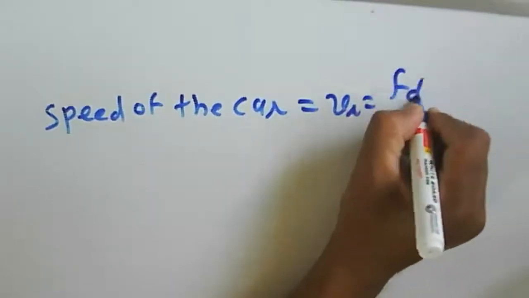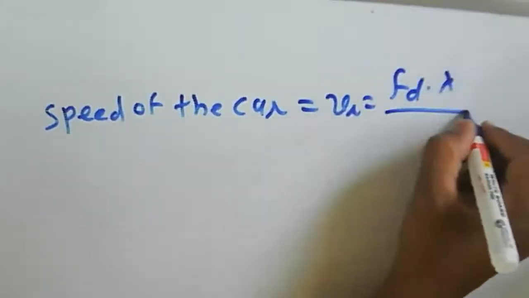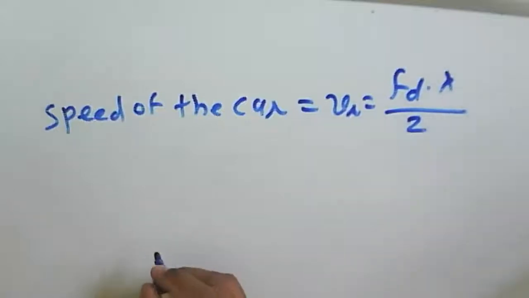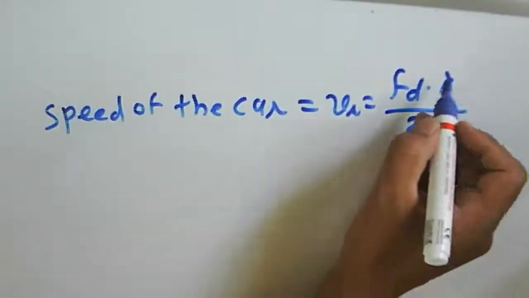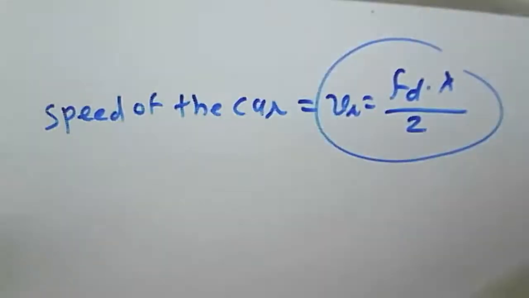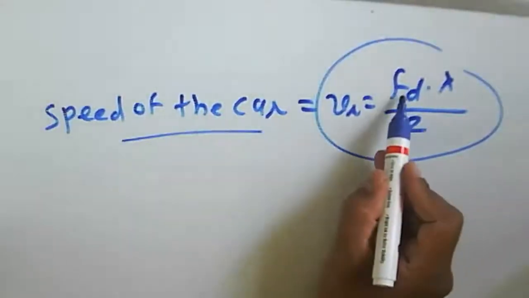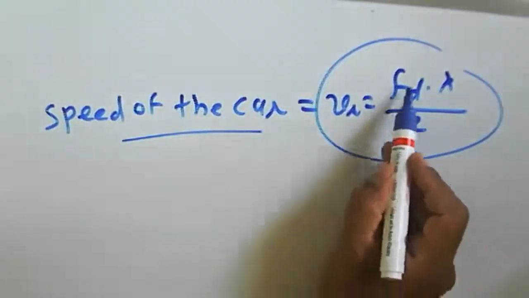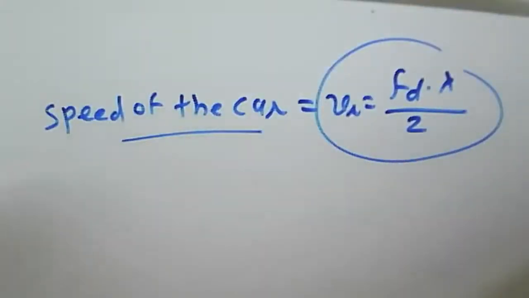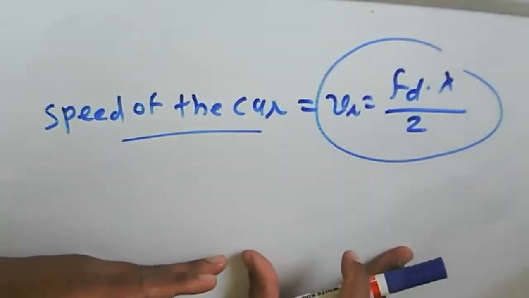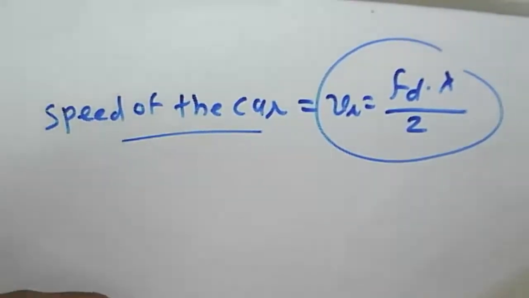What will be the Doppler frequency shift for a given particular frequency? Through that we'll get the speed of the car. So we need to know the Doppler frequency shift and the operating frequency.